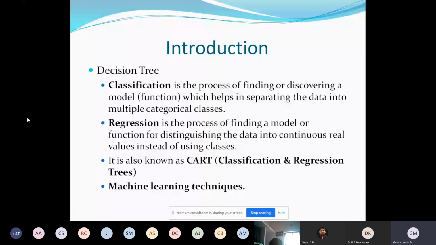It uses a set of binary rules to calculate a target value. Target value means response value or output value. This decision tree is used for either classification or regression purposes. Hence it is also known as CART, that is classification and regression trees.